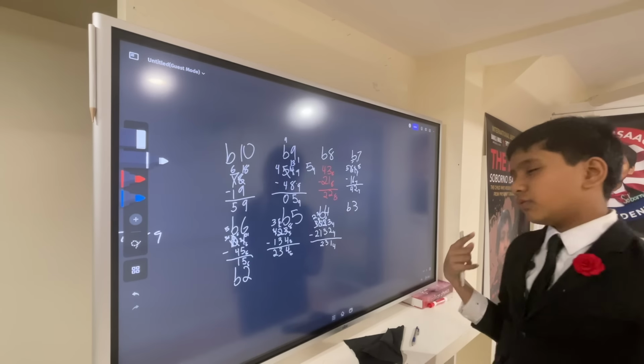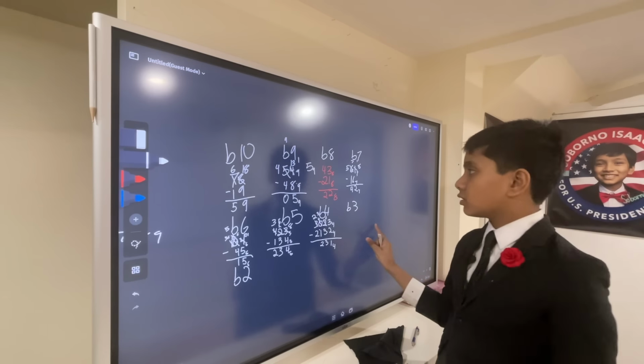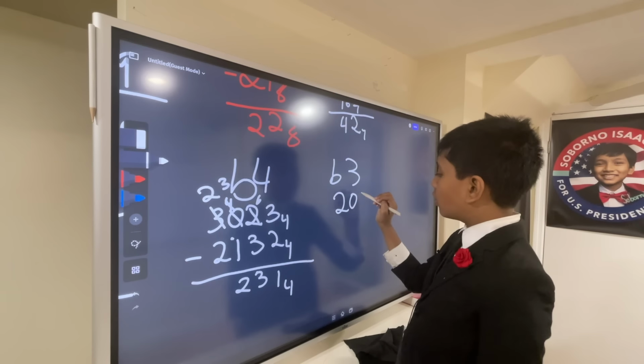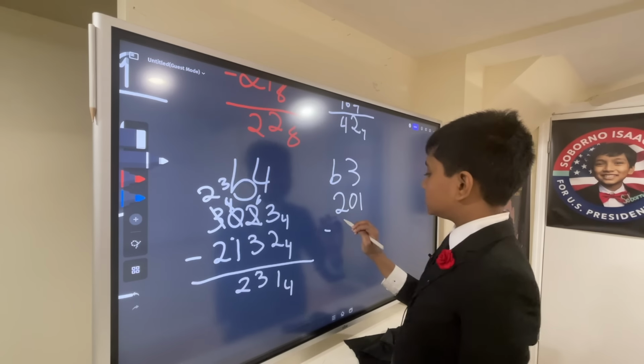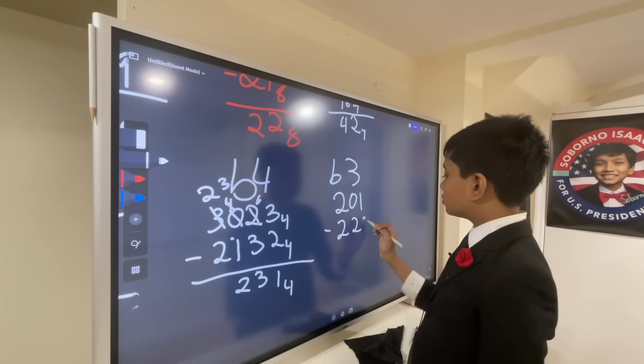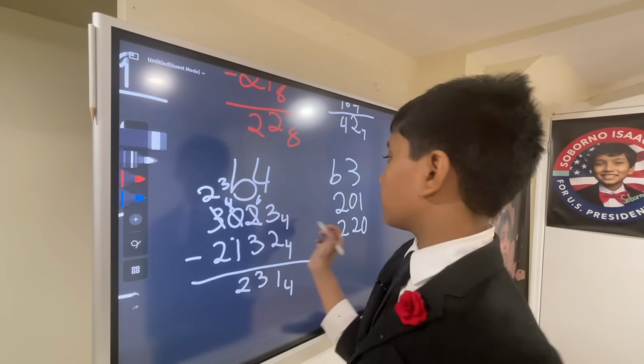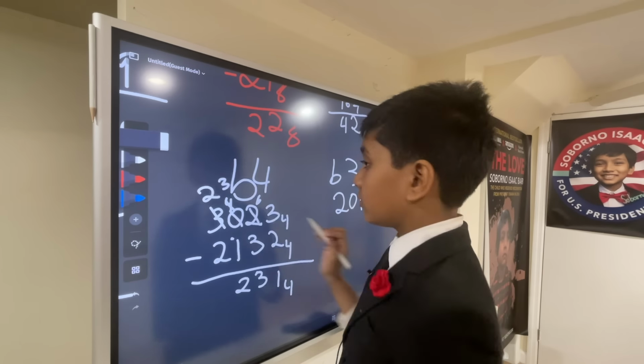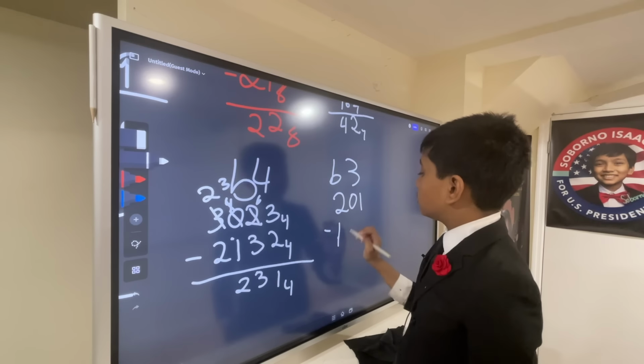Alright, so for base 3, we're going to have, let's say, 201 minus 220. Well, actually, no. One number here is bigger than the other. So let's do that differently. 120.